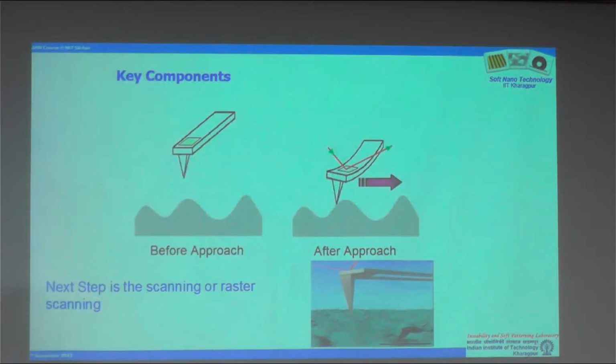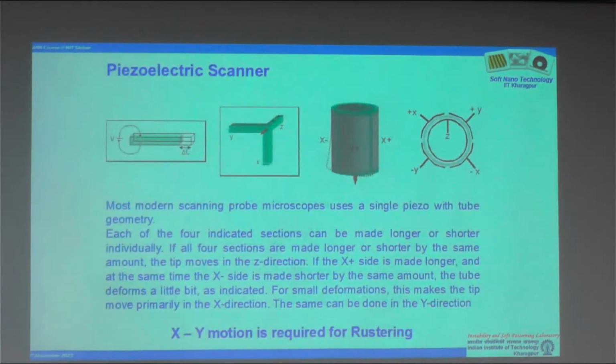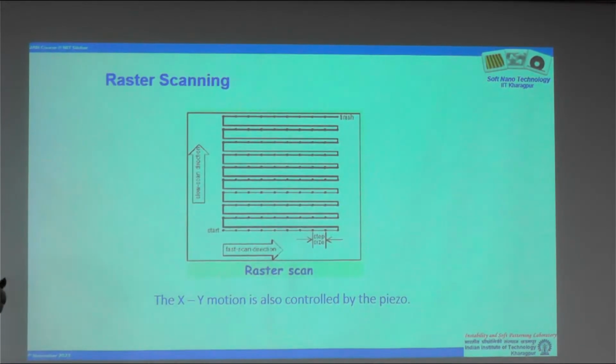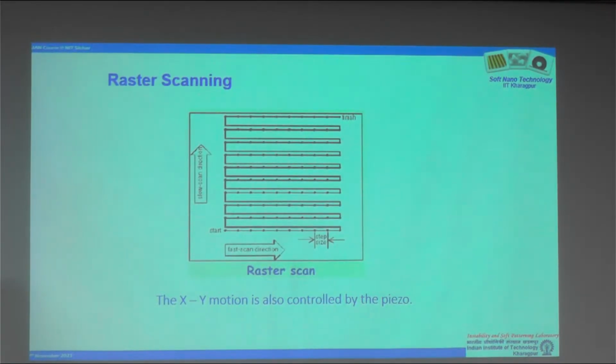Again, these are some cartoons to give you an idea about what is happening. Now we move the tip all over the surface, back and forth. What I explained in the case of an STM was as if it was moving on a line. You do not just limit yourself to a line.